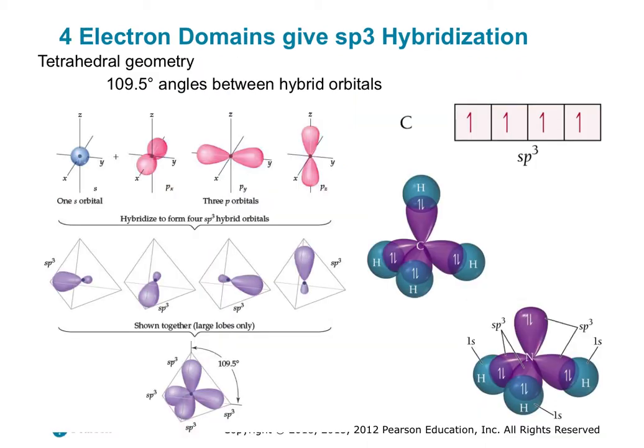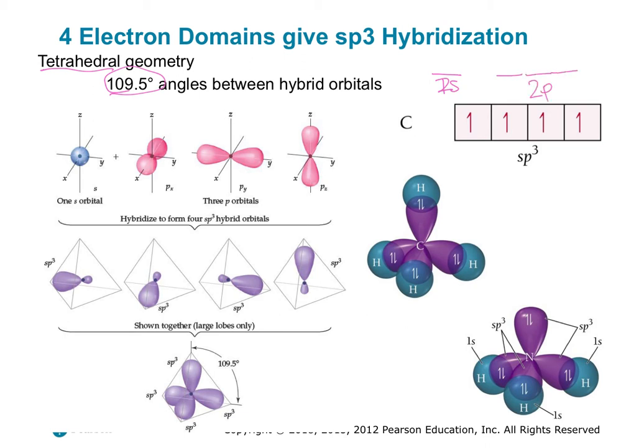So what we're going to start with is when we have 4 electron domains, and we are familiar with this being tetrahedral geometry with 109.5 degree angles. So what happens is we take, for example, carbon, which has the 2s and then the 3 2p orbitals here.